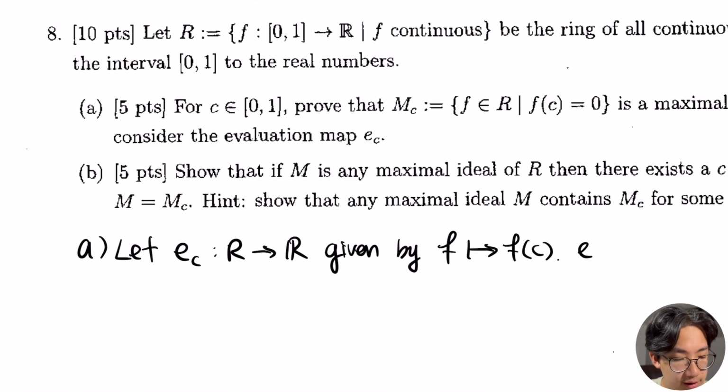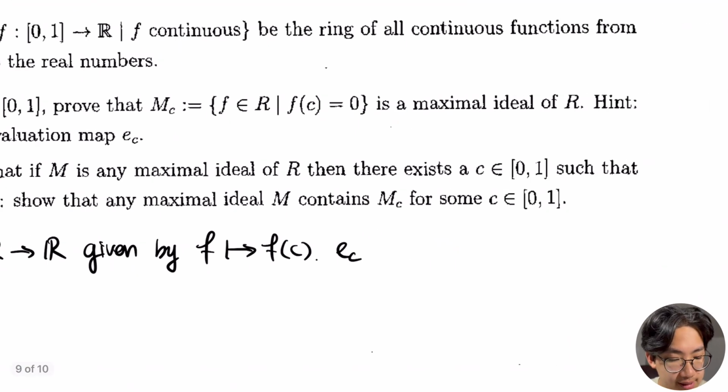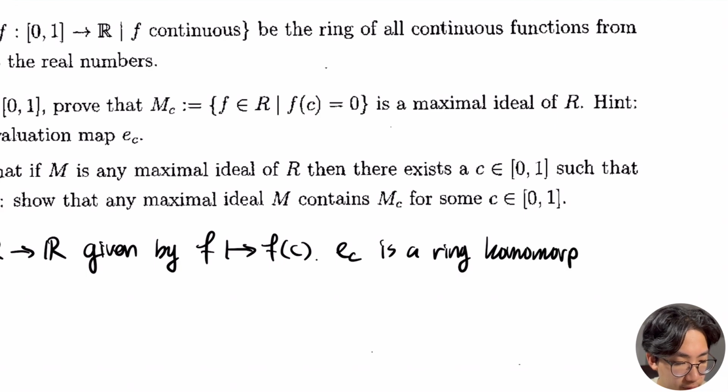So E sub c, the evaluation map at c, is indeed a ring homomorphism. In fact, it's also surjective, but these are things you can definitely try out as an exercise. It's not too difficult. You just have to show that it preserves addition, multiplication, and it maps 1 to 1.